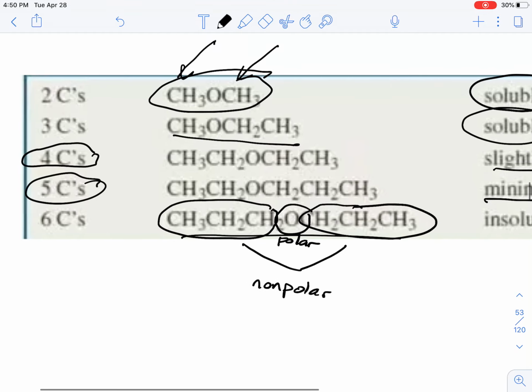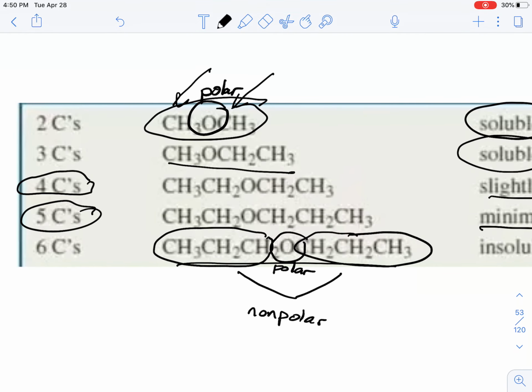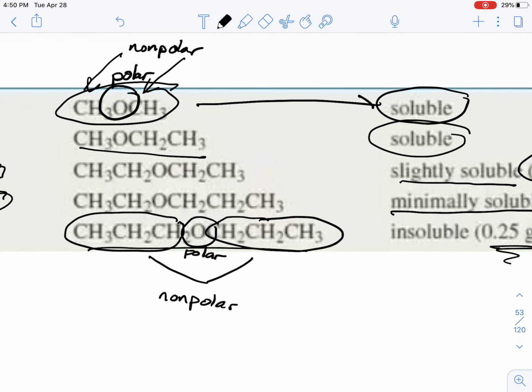Compared to, for example, a 2-carbon ether, the polar part is really dominant compared to the non-polar areas. Okay? And that's why 2-carbon ethers are soluble in solution.